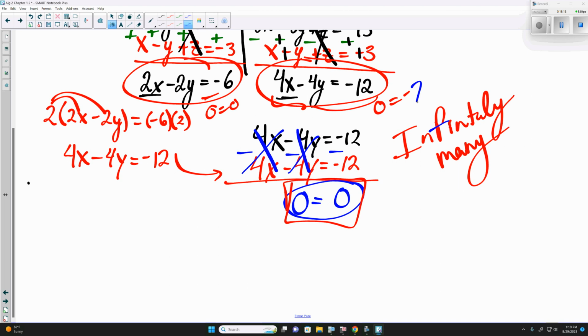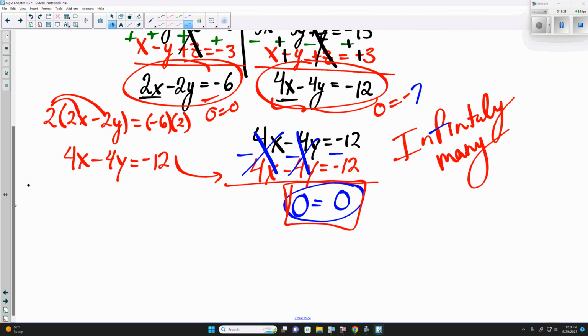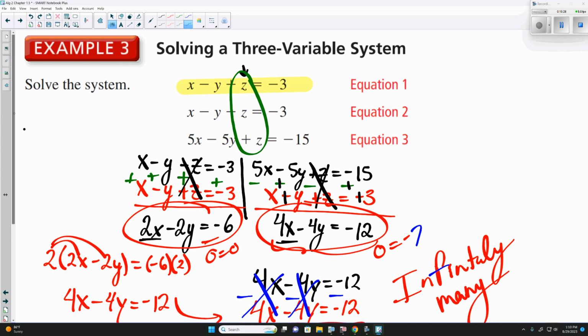Does that make sense? Because it just means two of them are the same plane, and the other one's parallel to those two. Questions on any of this here? Be ready for the next one.